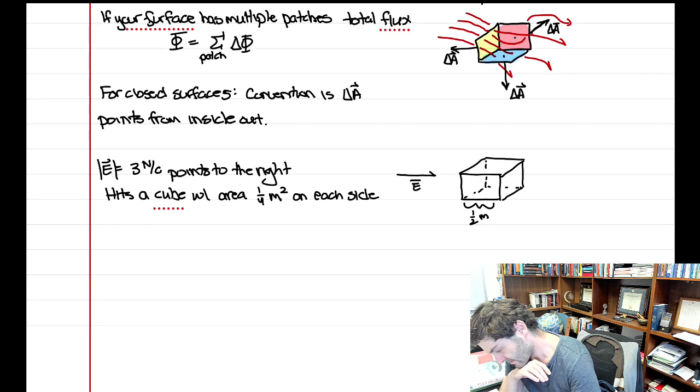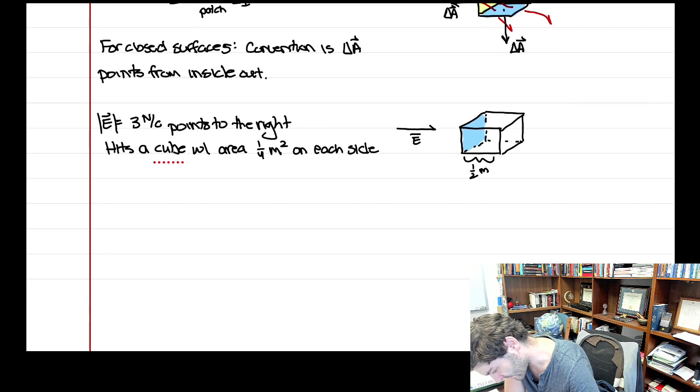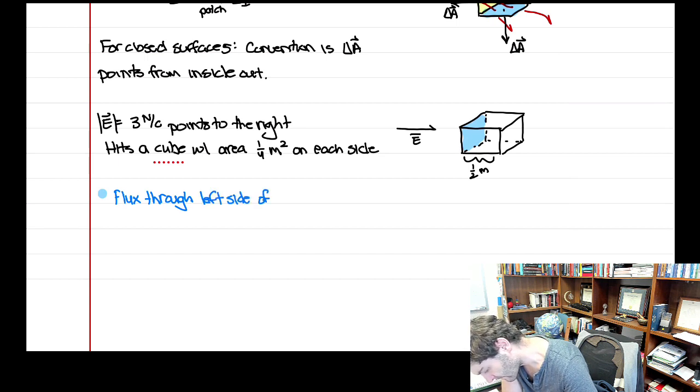So, how about let's start with, let's just follow the electric field. Let's start with this side here. So first we're going to do what is the flux through the left side of the cube.